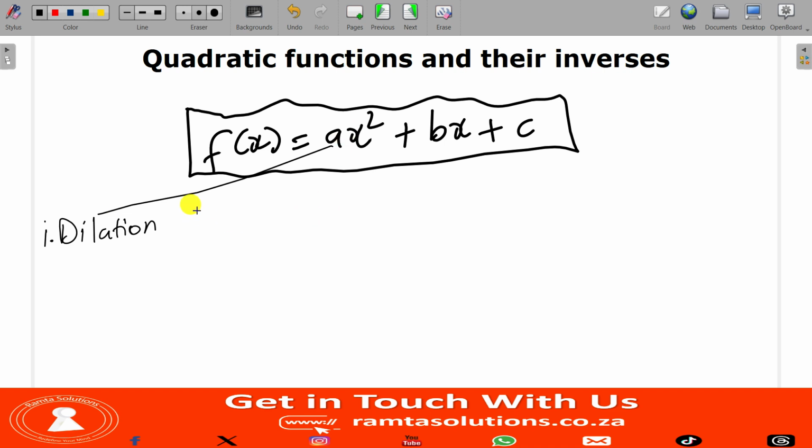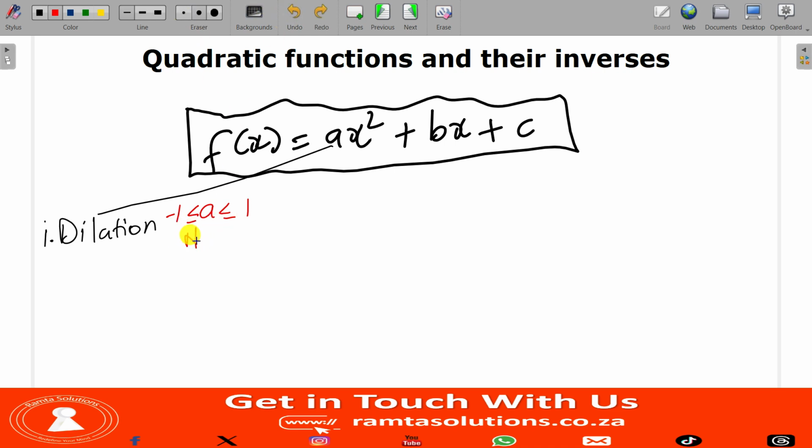So maybe let me represent this, I'm going to use a red color. When a is greater than or equal to -1 but less than or equal to 1, it'll be a narrow curve.